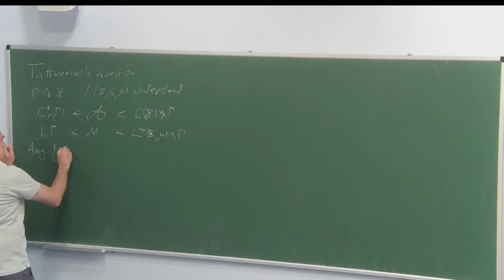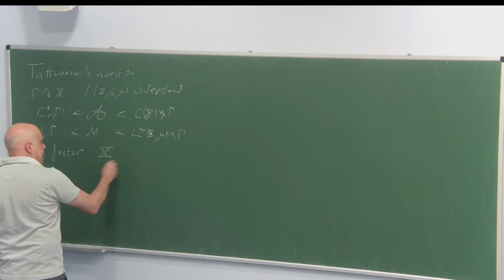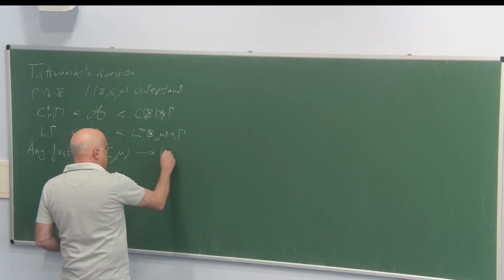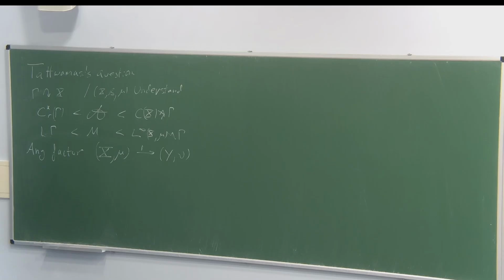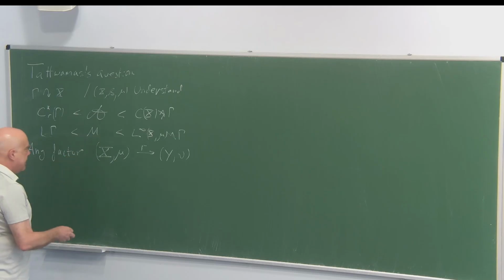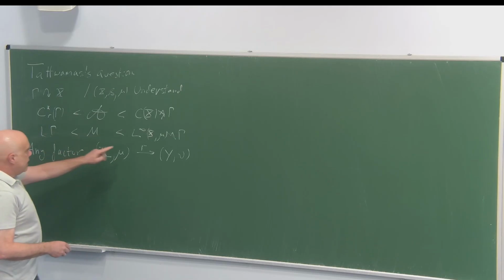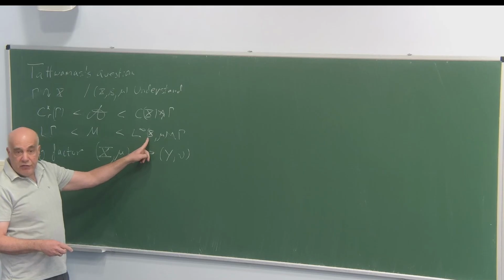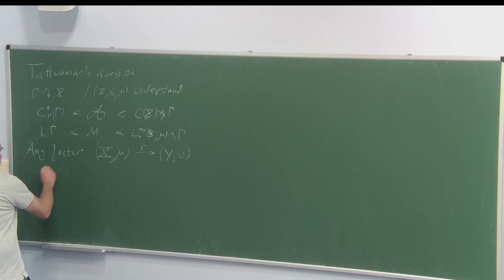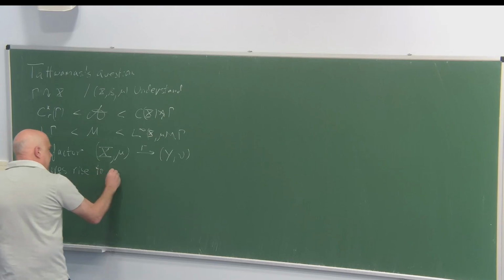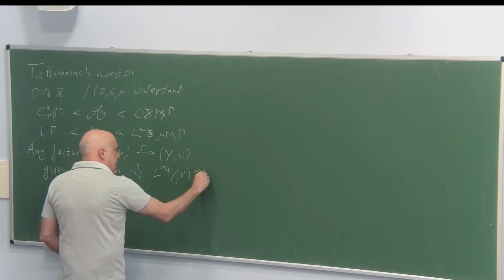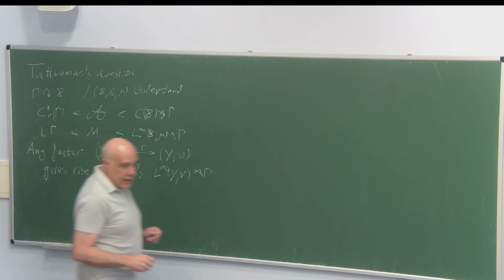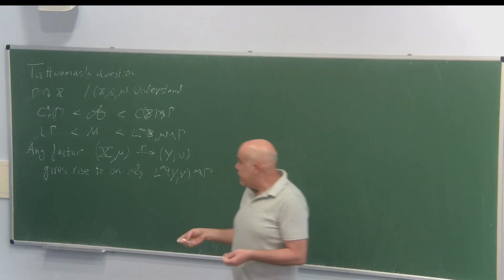Any factor, say from X mu to Y nu, a gamma equivariant factor, which is one of the main structure tools in dynamics, gives rise to an intermediate algebra because inside L infinity you get the L infinity of Y. So you get an intermediate algebra of the form L infinity Y nu cross product with gamma, and the question is, is this everything?